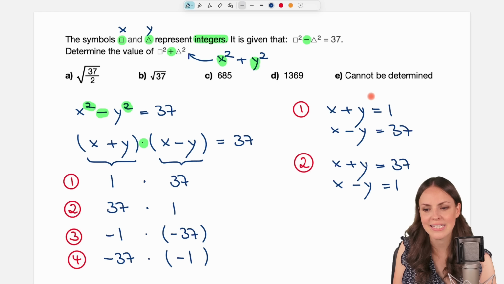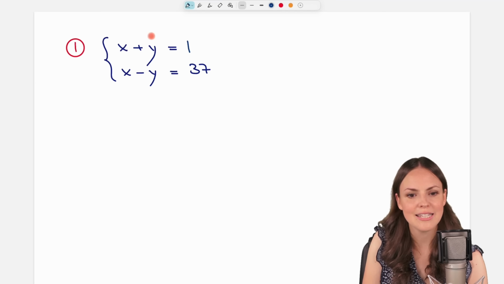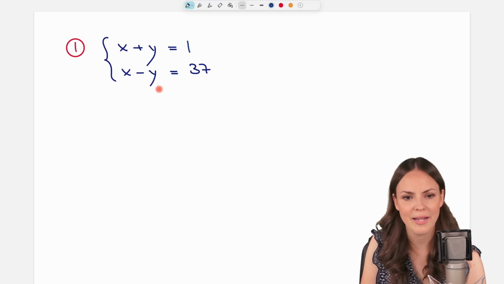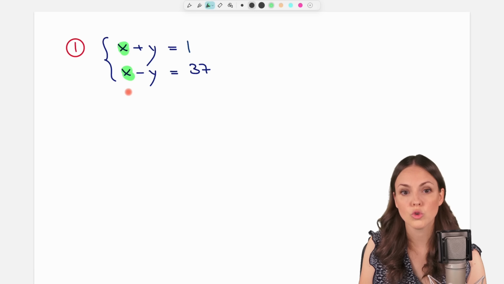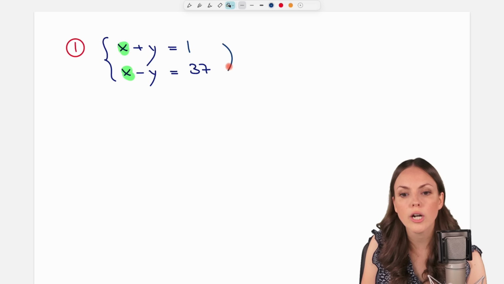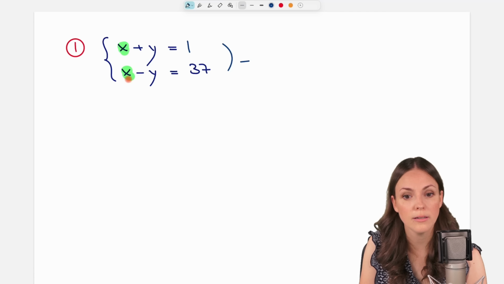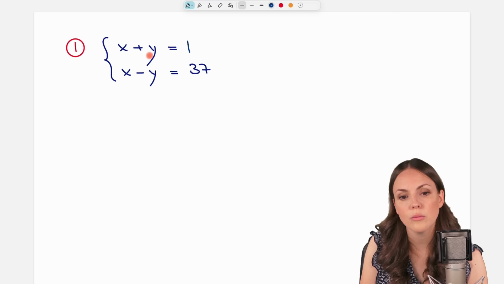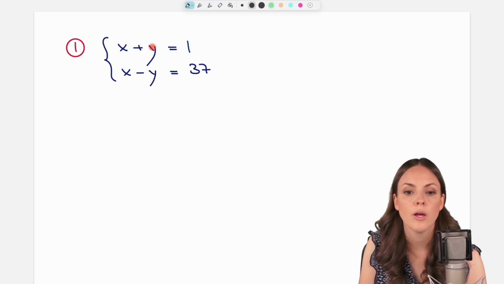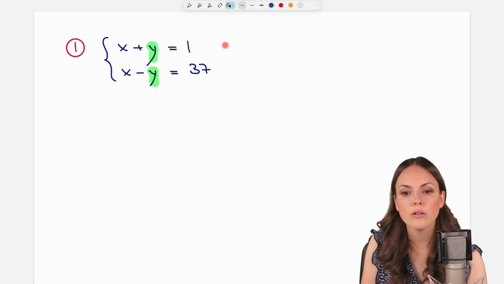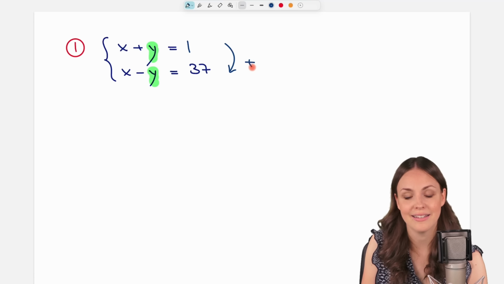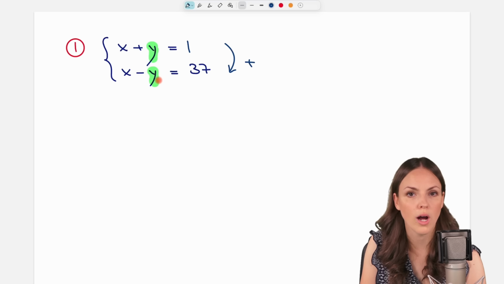Let's take our first system of equations and solve it for x and y. In the first equation, we have x. In the second equation, we have x as well. So we could subtract both equations to get rid of x. That's a possibility. Or if we want to get rid of y, because we have plus y in one and minus y in the other, we could just add these two equations.